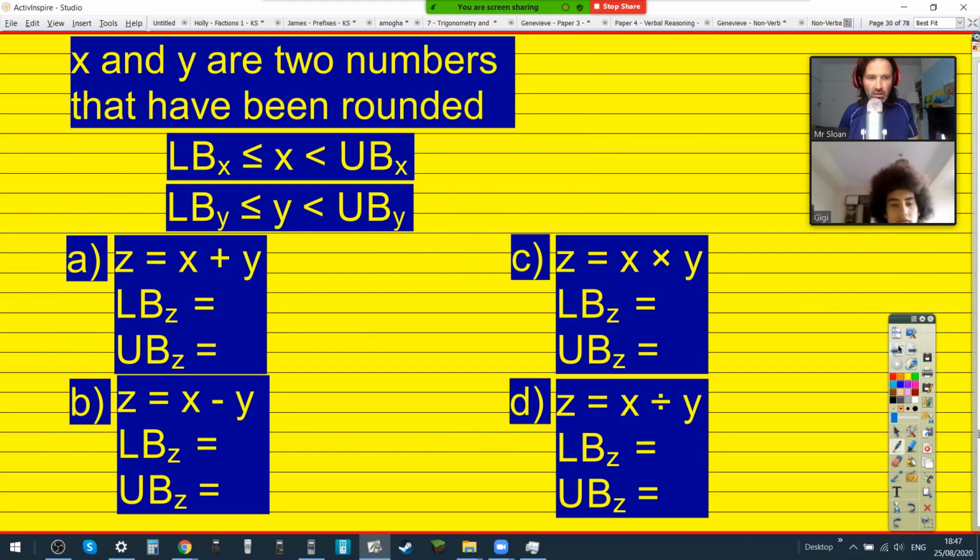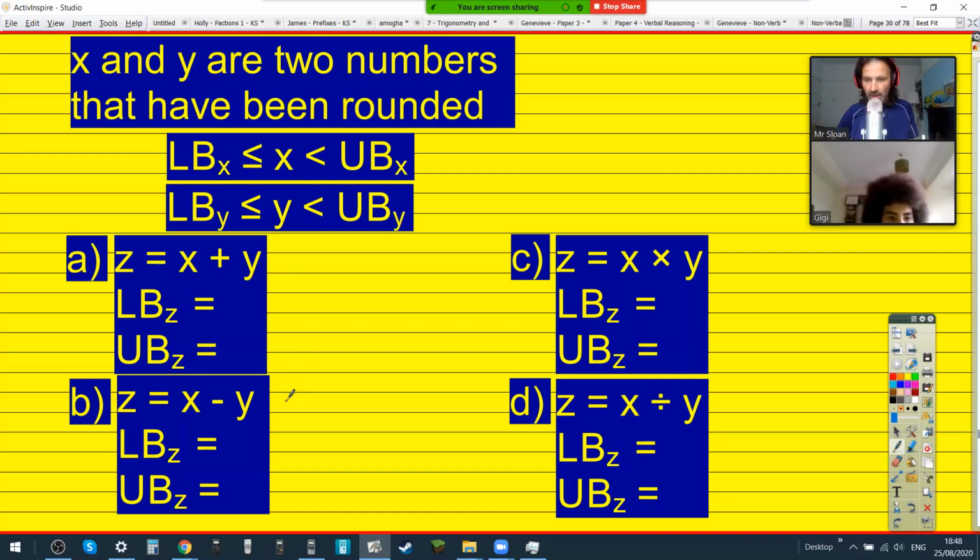So maybe now I'll go back to this thing. So what would be question B for this one? How would you get the lower? Oh, z equals x plus y.